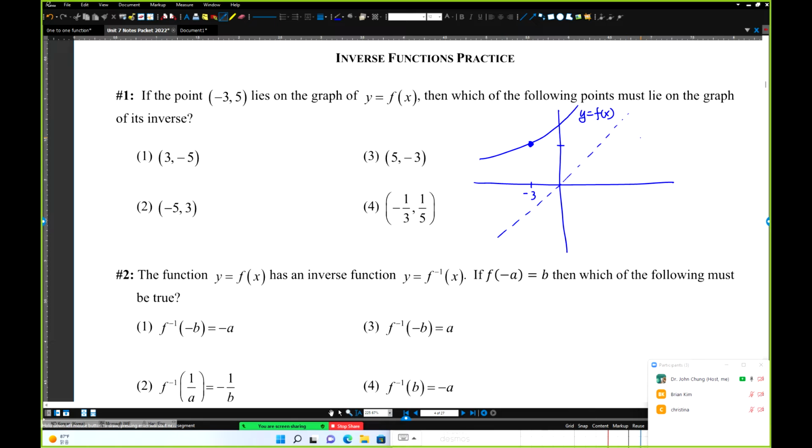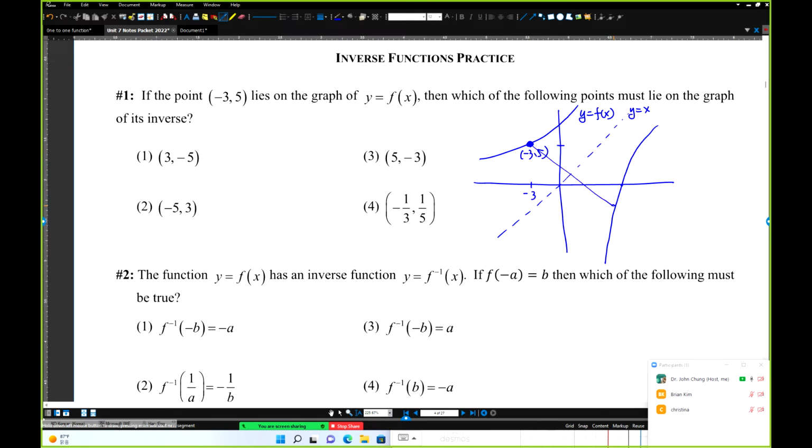This one looks like the same thing. It is exactly symmetry about the line y equals x. But this point, negative 3, 5, must be on the original graph. Where is the corresponding point on the inverse?